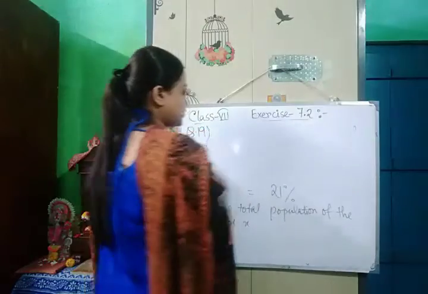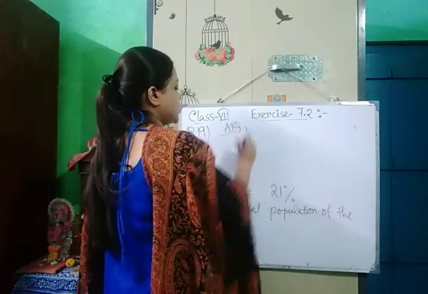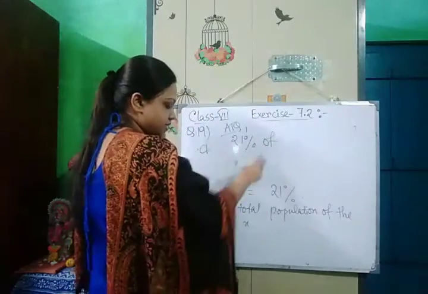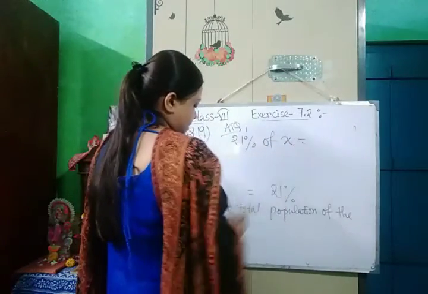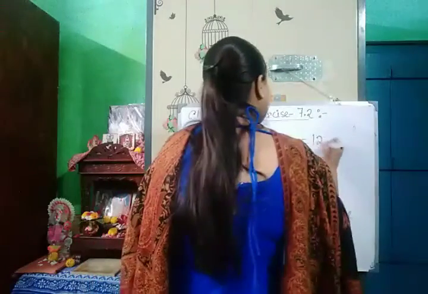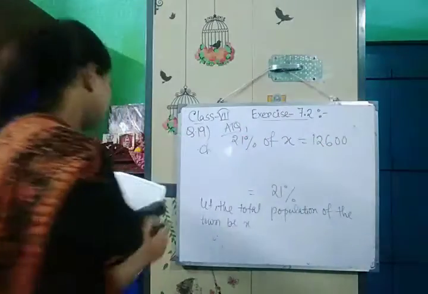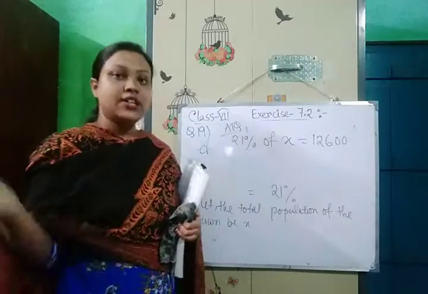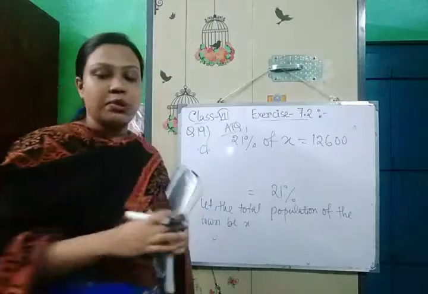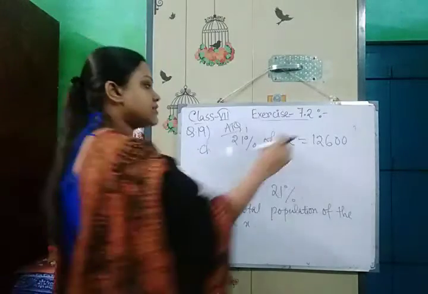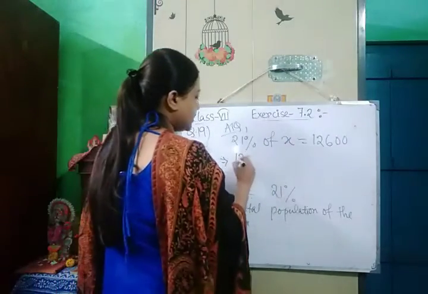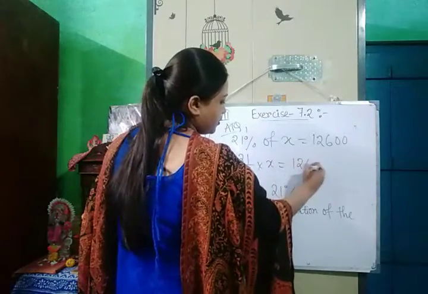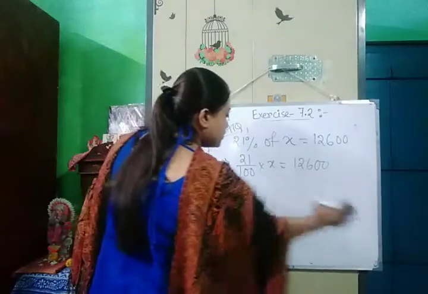So according to the question, 21% of the total population, that means 21% of x, equals the given number of children, that is 12600. I hope you understood. 21% is the percentage of children. So 21% of the total population is the number of children. That means 12600. So now convert it to a fraction, of means into. Okay. Now we will find out the value of x.